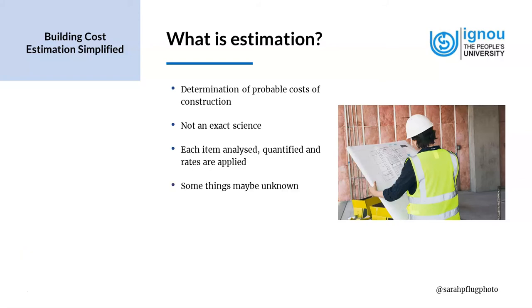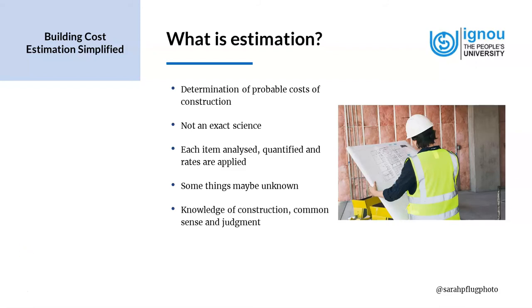So when we are estimating, it's not that we have all the things known to us. Some of the things may be unknown to us. So under these circumstances, it is very important for the experience of the estimator to come to the forefront. It is not always about the actual facts. Sometimes experience and some judgment are required on the part of the estimator.